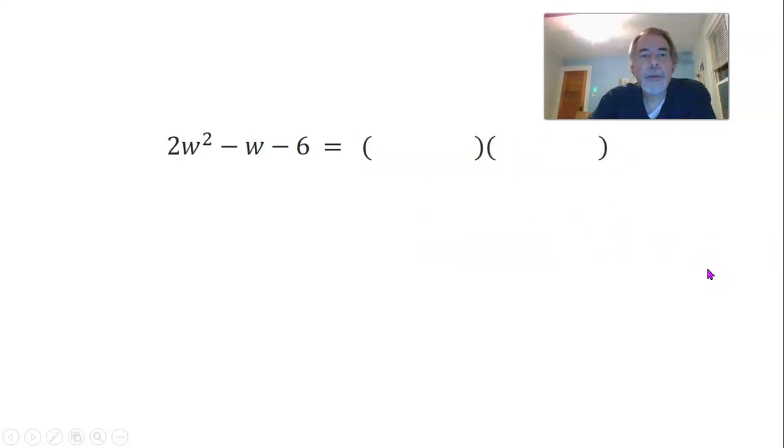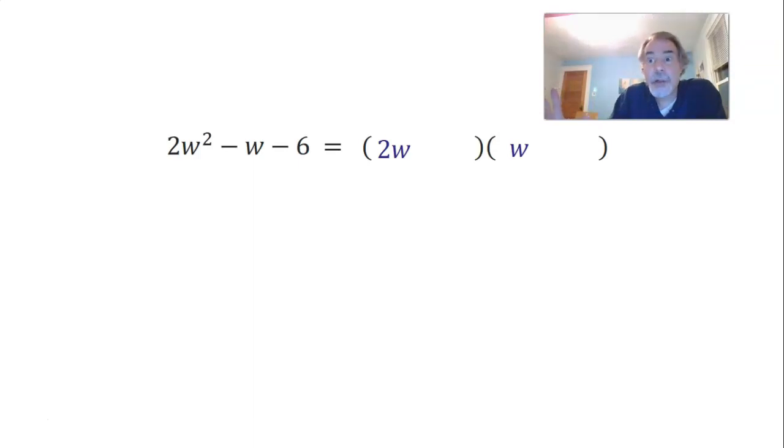How about this one? 2w squared minus w minus 6. What do these have to start with? What times what gives you 2w squared? Got to have a 2w times another w. Okay, what can go on the end? What times what gives you a minus 6? Well, to get a minus something, you'd have to multiply a positive times a negative, or a negative times a positive.